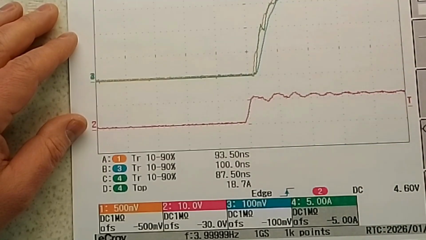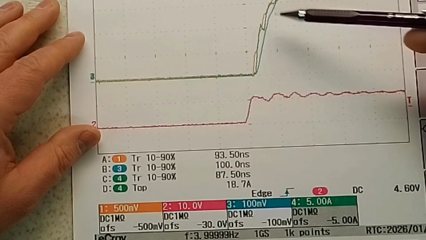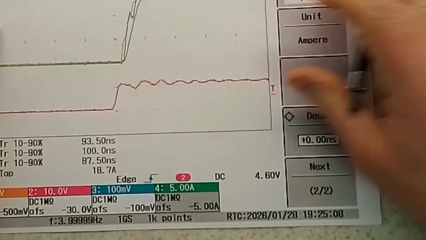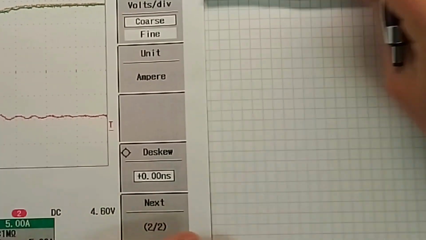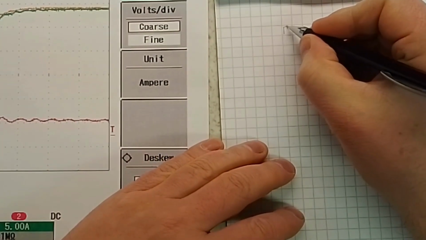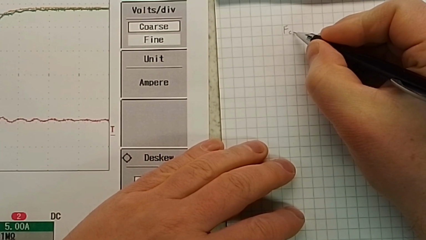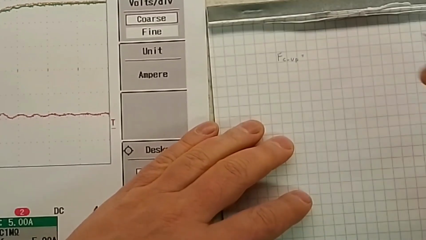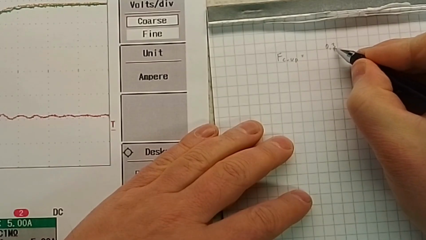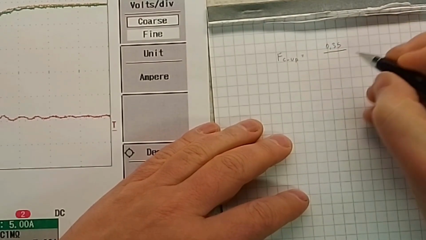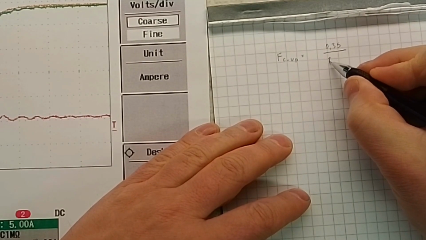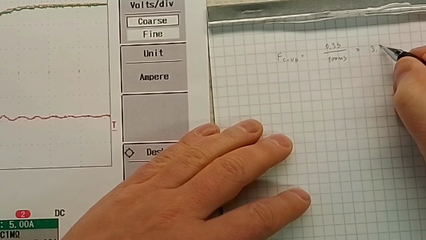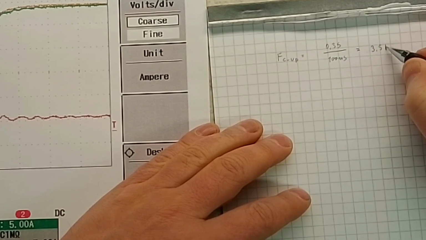And we can estimate upper cutoff frequency based on that. Upper cutoff frequency is 0.35 divided by rise time, which is 100 nanoseconds, which is 3.5 megahertz.